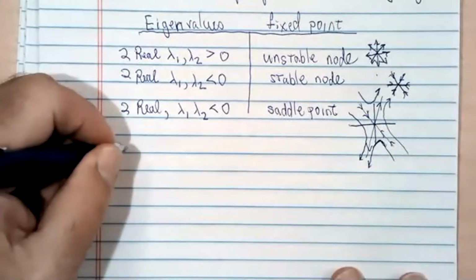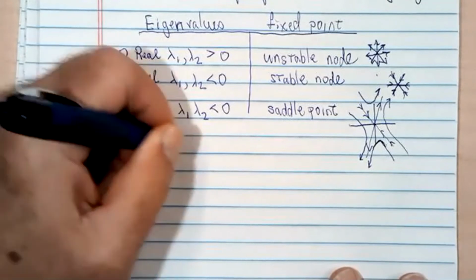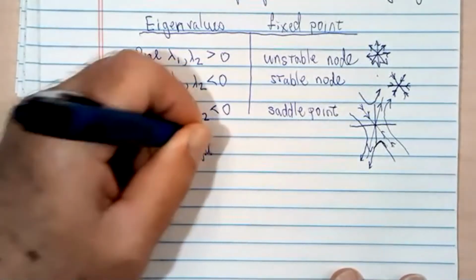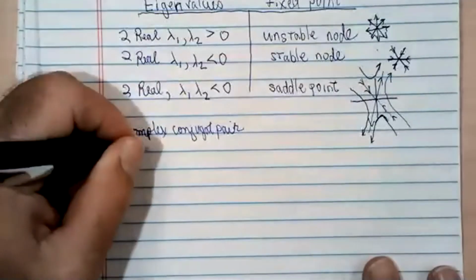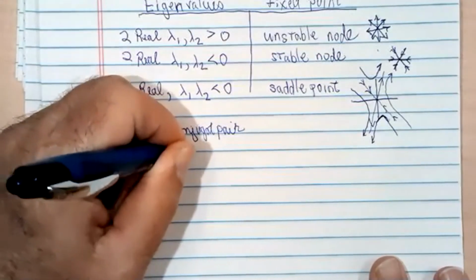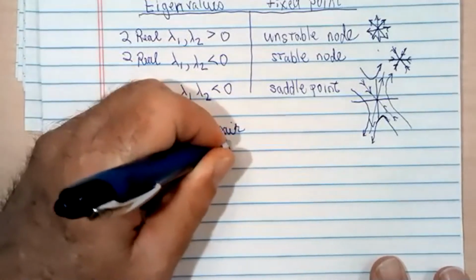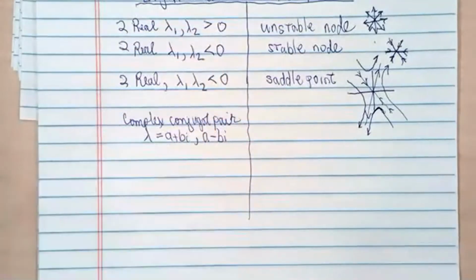Now, if they are complex, you always get a complex conjugate pair. Continuing my table here.